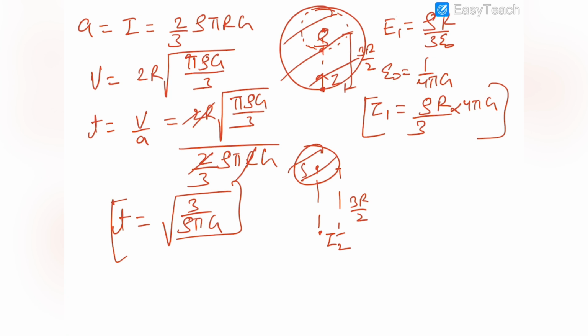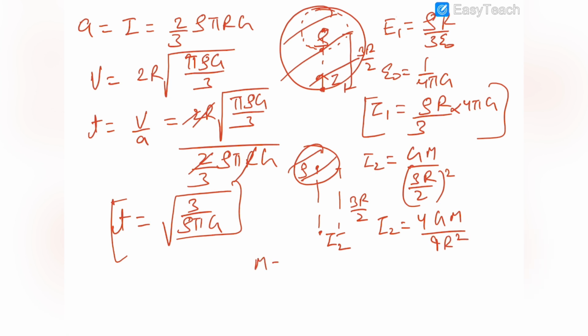Now we know that the density of this cavity is also constant. So I2 will be equal to gm by 3r by 2 whole square. So I2 will be equal to 4gm by 9r square, and m can be written as rho into the volume of this.